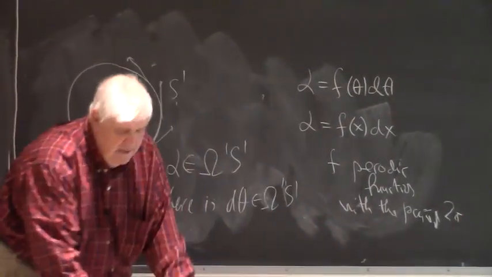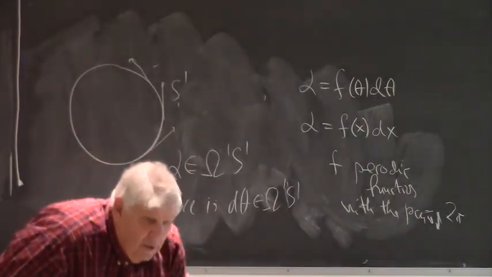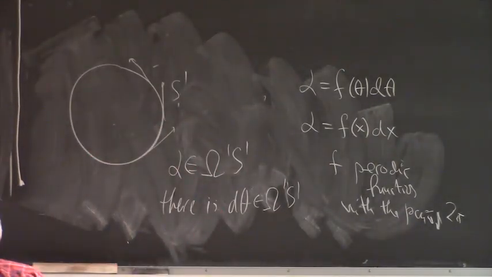Well, period is your choice, depends on the radius. So, a differential one form on the circle can be regarded as the expression, whatever it means, f of x times dx, where f of x is a periodic function with period 2 pi. A zero form, that's a function, is simply a periodic function without dx. So this function f of x is periodic.